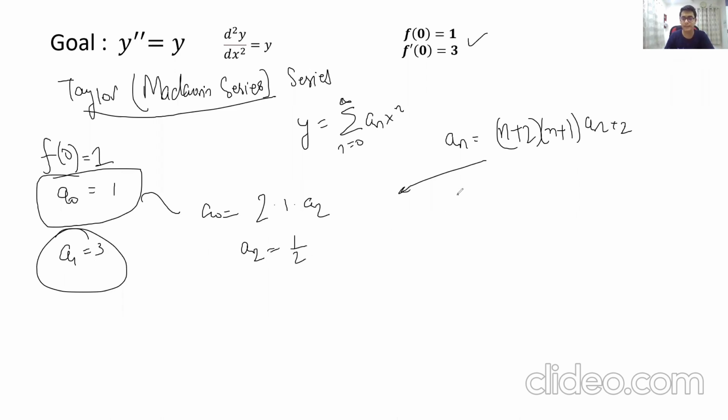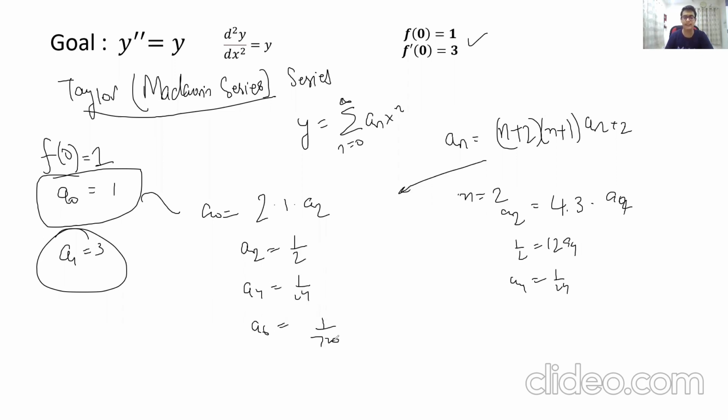Now a2 is equal to 1 half. So can I put n is equal to 2 here to write that a2 is equal to 4 times 3 times a4. So therefore 1 half is equal to 12 times a4, which just gives us a4 is 1 over 24. And now you can try your hands on this and you get that a6 is 1 over 720.